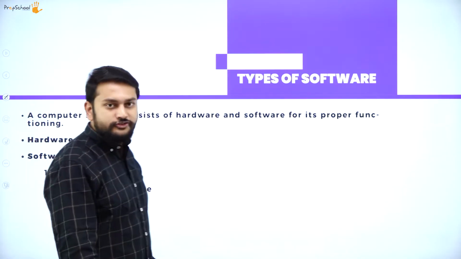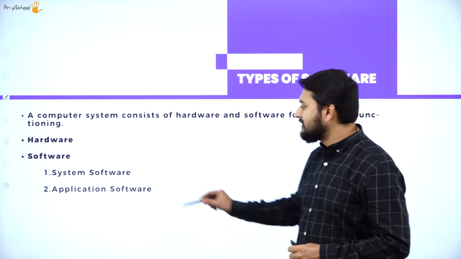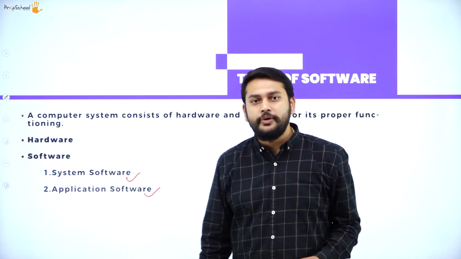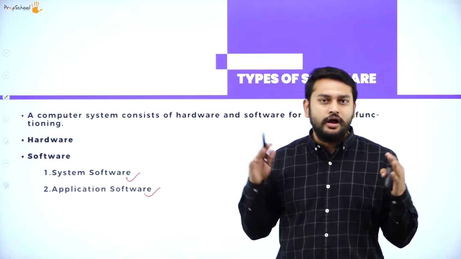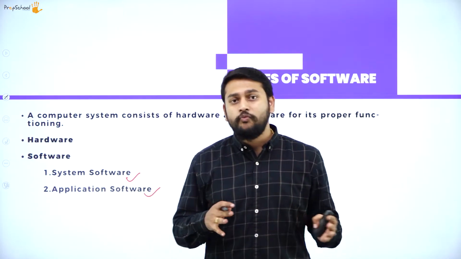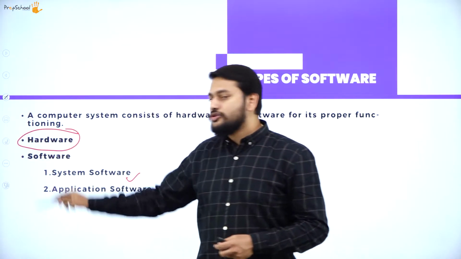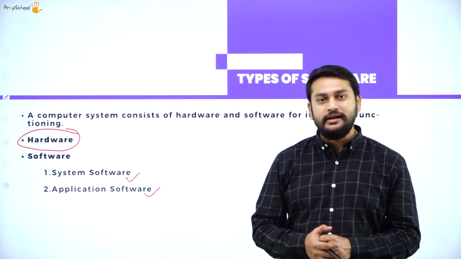When I say types of software, the first thing that should come to your mind is system software and application software. Before I get into the topic, one more correlated word for the software. Whenever I discuss software, hand in hand one more word will come parallelly. That's hardware. I think we have discussed the definition of hardware in the previous session. Let me recollect it.